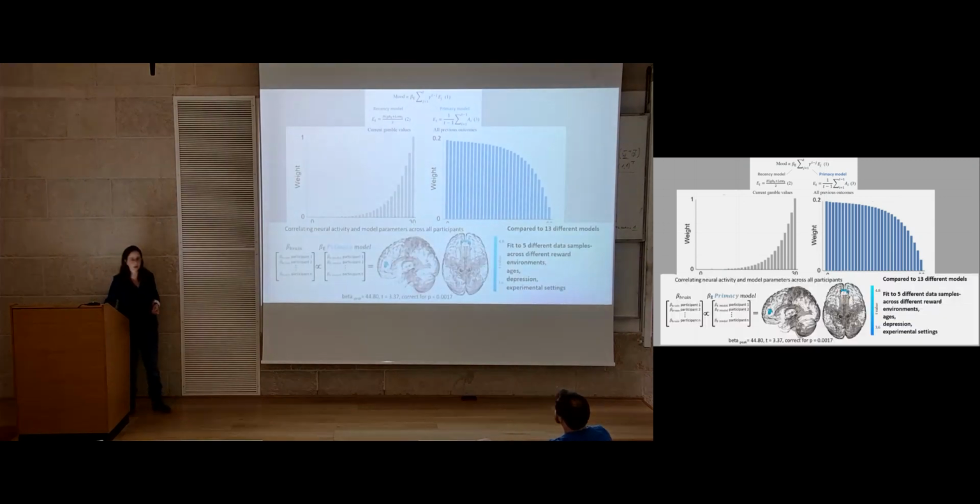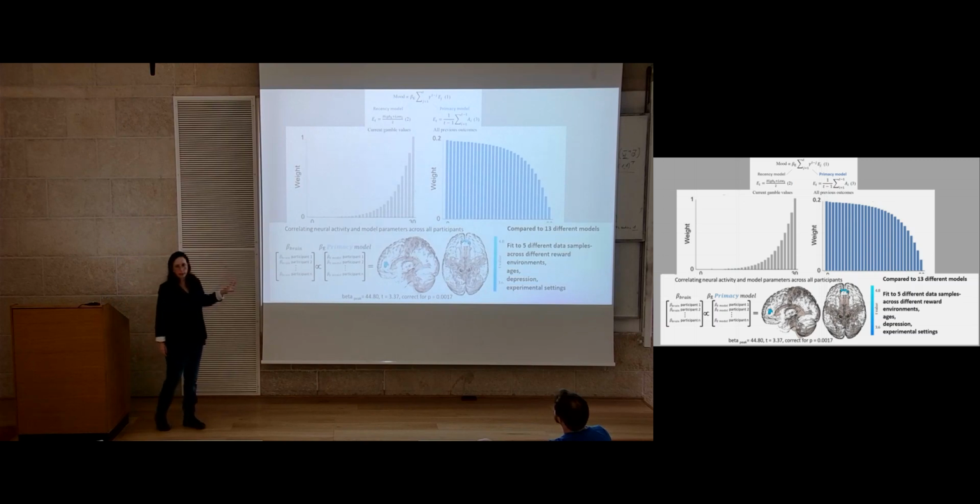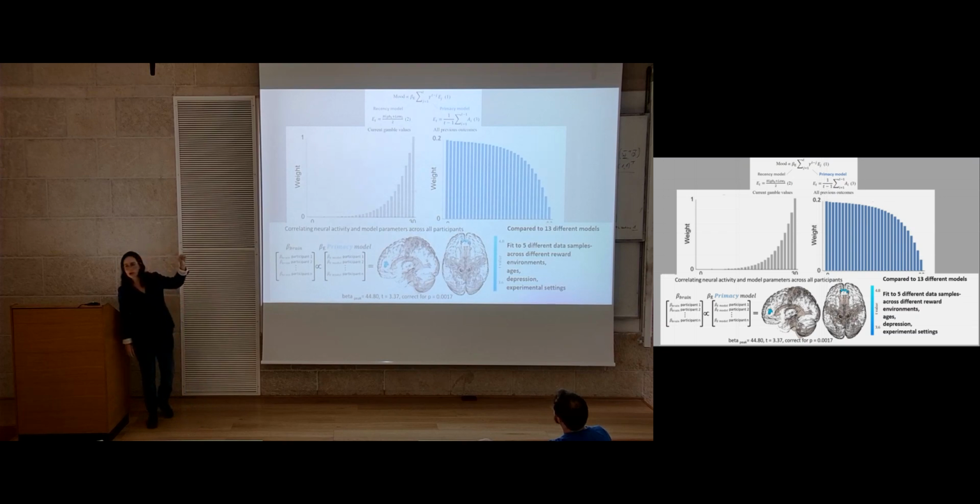We also made sure to compare this model to brain activity while they were doing the adaptive task in the scanner. We showed that the primacy weighting of individuals, of the weighted outcomes, was correlated to a specific region of activity around the ACC that is related previously to value, valuation, and rewards.